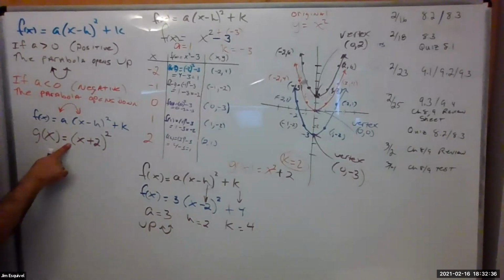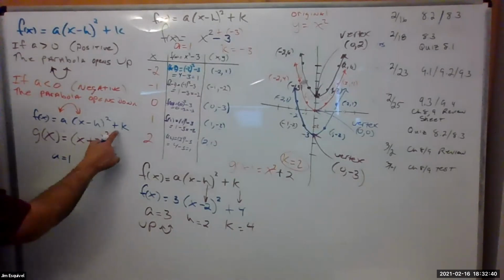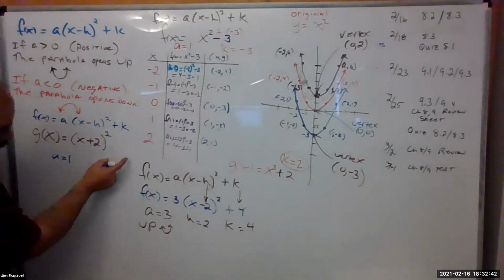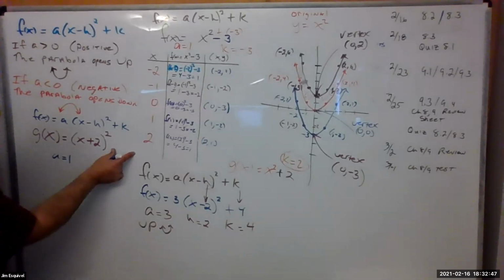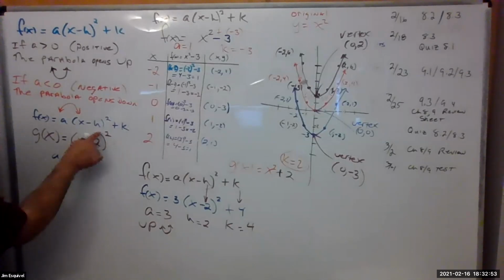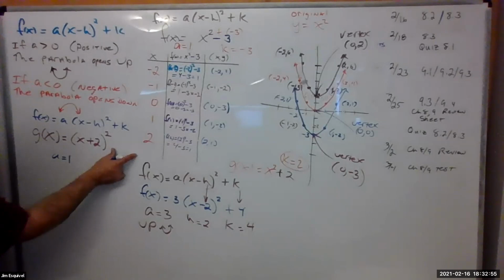So in front of the square, A is a 1. After the square, is there anything added or subtracted after your square right here? No. So what would k have to be for nothing to be there?